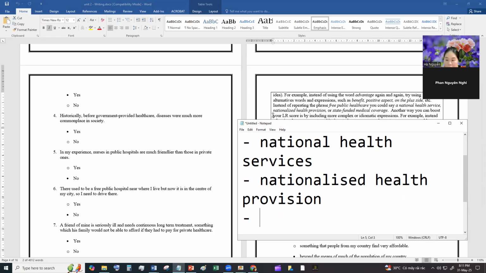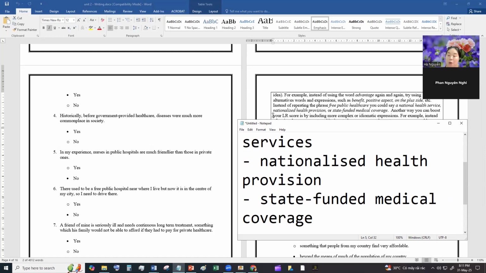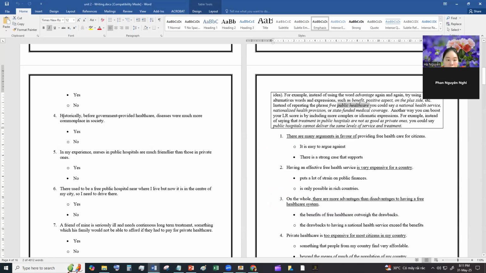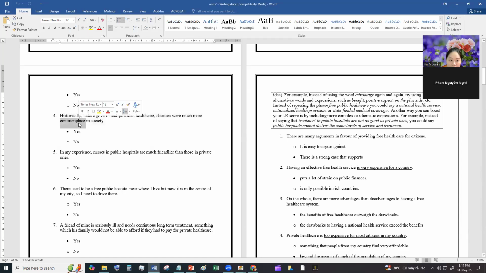State funded medical coverage. You can even write the sentence itself. You can also write the whole sentence. Historically, before government provided healthcare, diseases were much more commonplace in society. Okay, and here you see another word, commonplace. So you start another entry with the word. Maybe you can translate that as well. Okay, you can translate into Vietnamese.